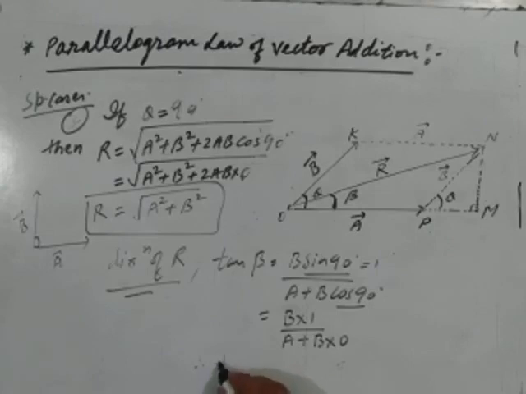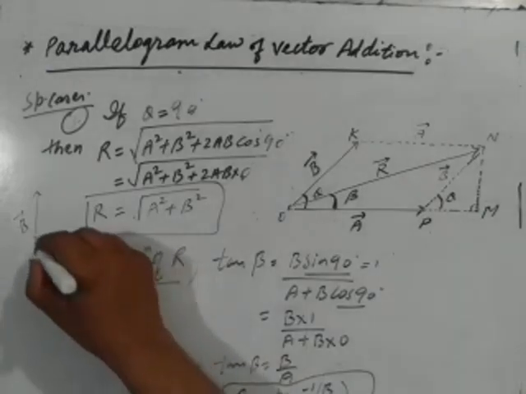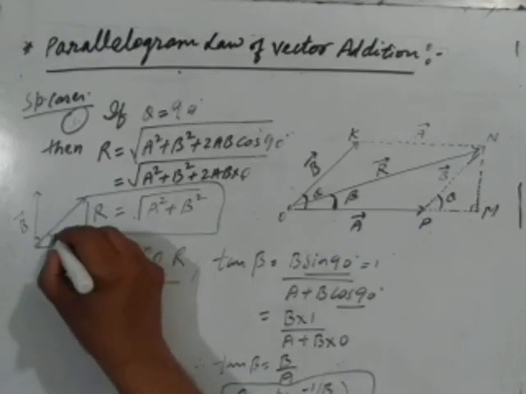Therefore tangent beta equal to b upon a, or beta equal to tangent inverse b upon a. So by using this relation we can easily calculate the direction of the resultant that it makes with the horizontal direction.